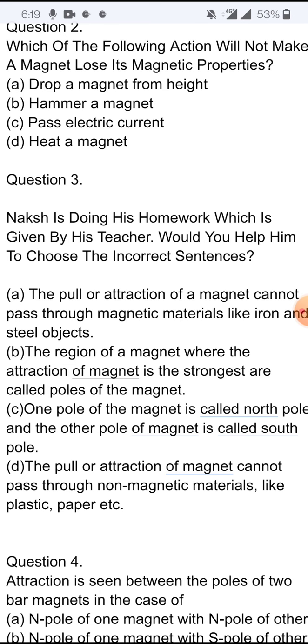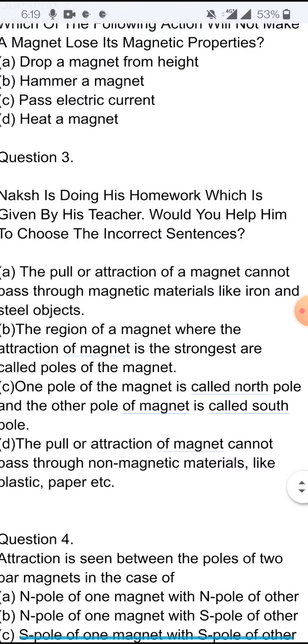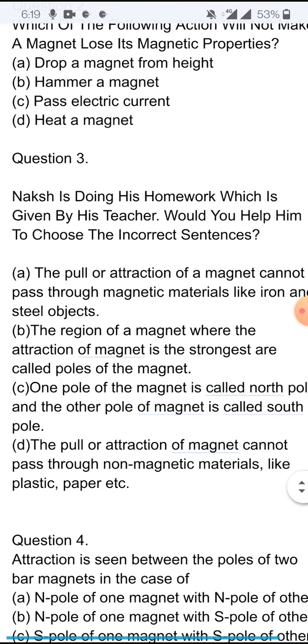The correct answer is D. That is, the pull or attraction of a magnet cannot pass through non-magnetic materials like plastic, paper, etc. Fourth question.